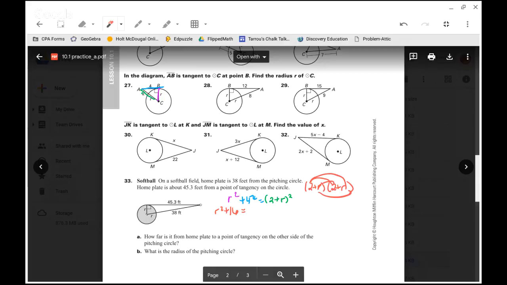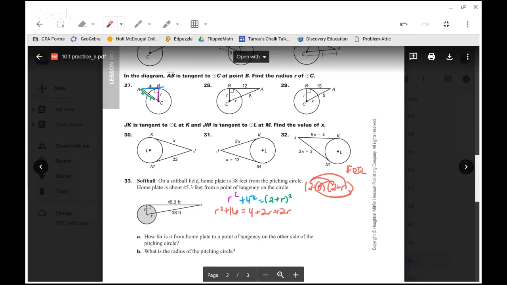So first, 2 times 2 is going to give us 4. And then outside, 2 times R is 2R. And then the inside is again 2 times R, so plus 2R.